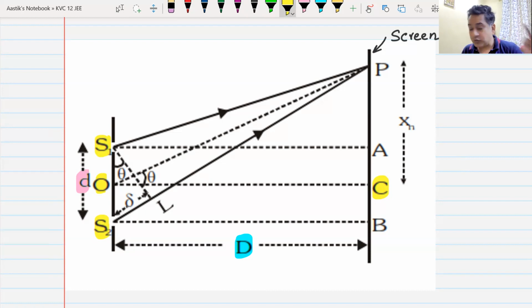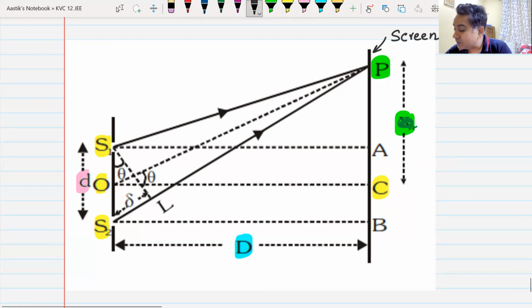So what we are going to do is take a random point P whose distance from the center C or center O, depending on how you are seeing it, is X, or they have written it as Xn. Let me not call it X because X would be a wrong way to write it.